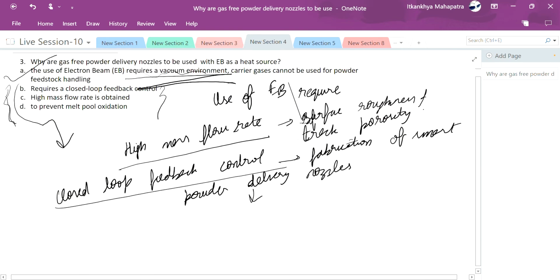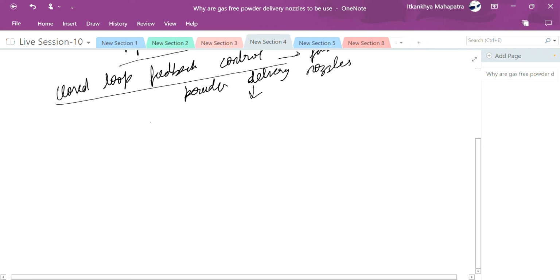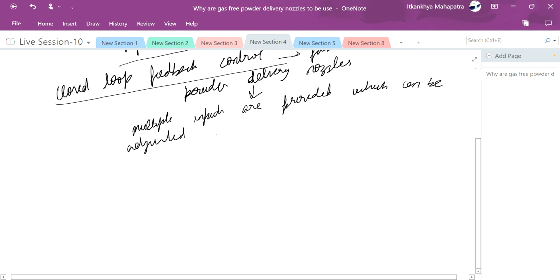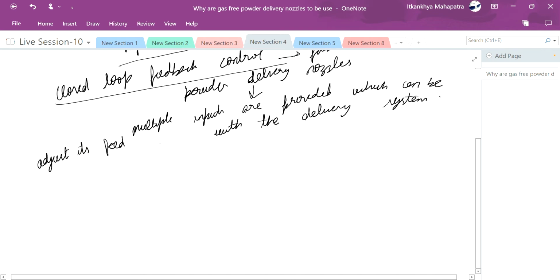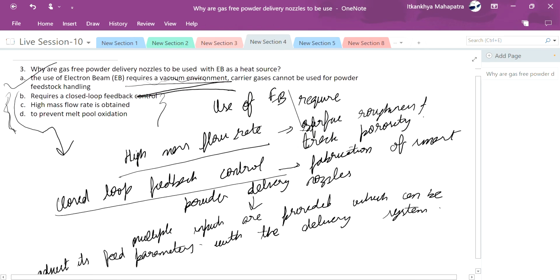Multiple inputs are provided, which can be adjusted with the delivery system, which can adjust its feed parameters.